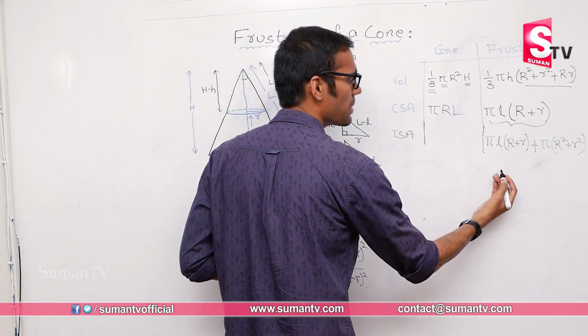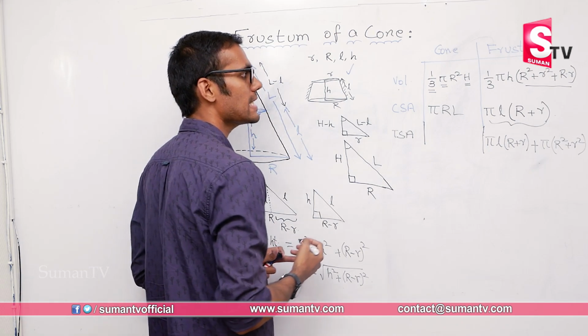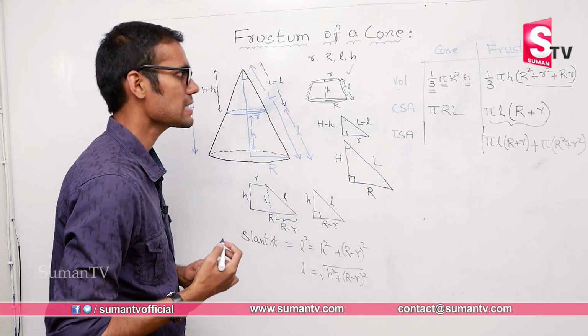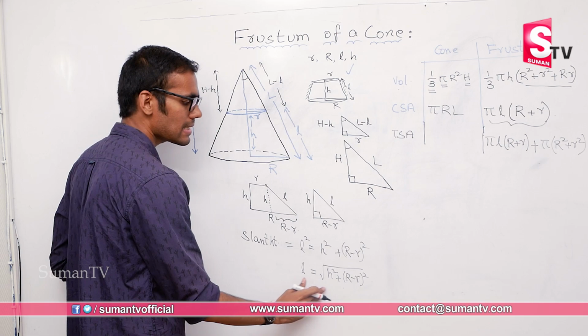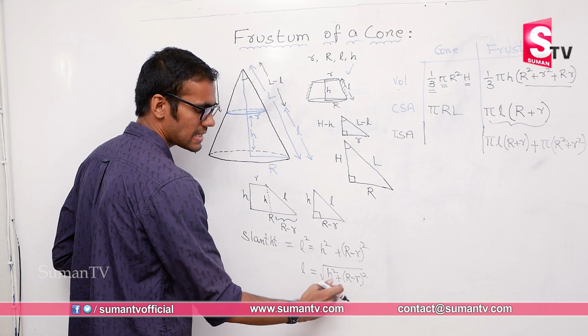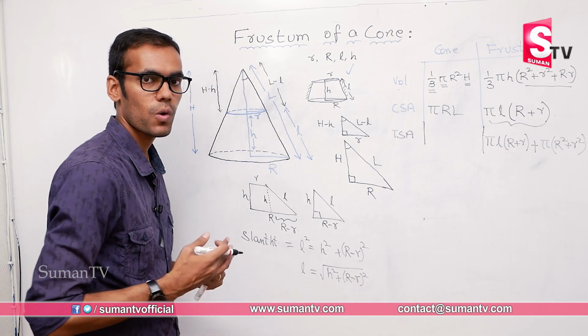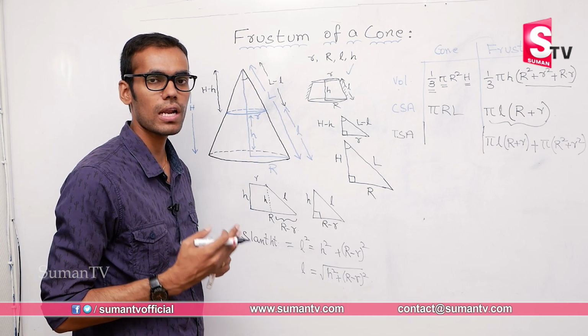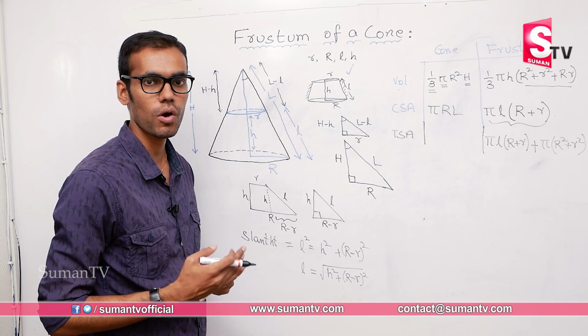So this is how you remember the formula for TSA, CSA and volume of frustum of cone. And the slant height is square root of small h square plus (capital R minus small r) whole square. So this is all about frustum and the derivation of the formulas.